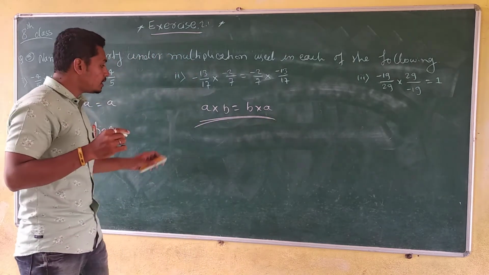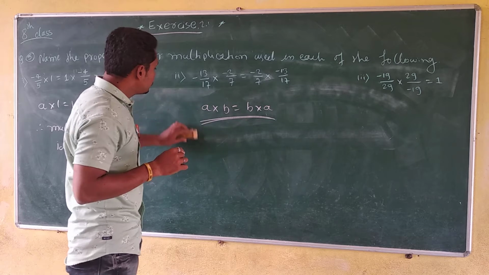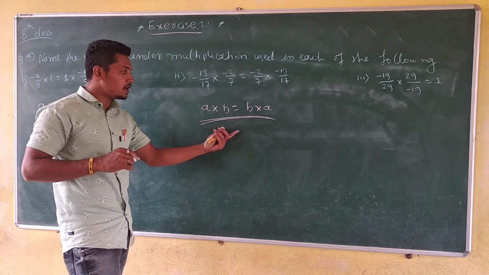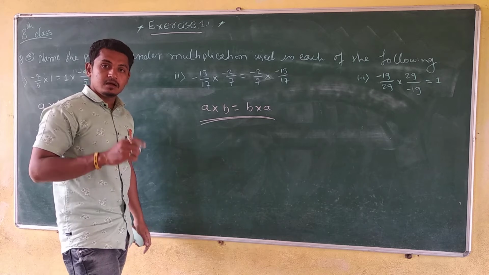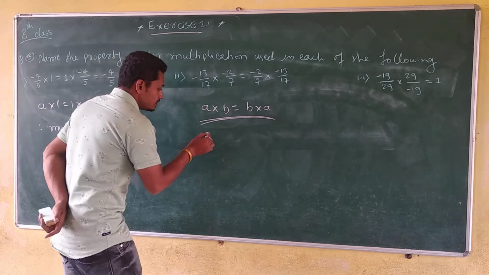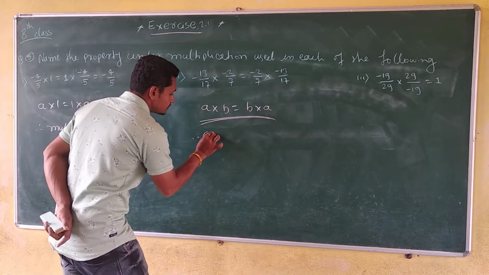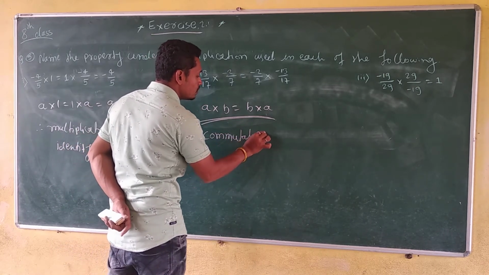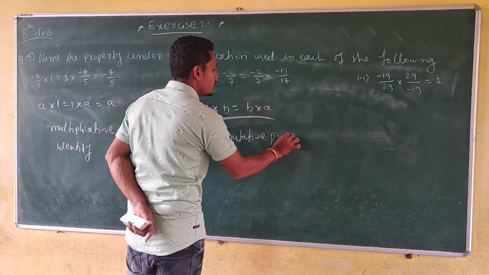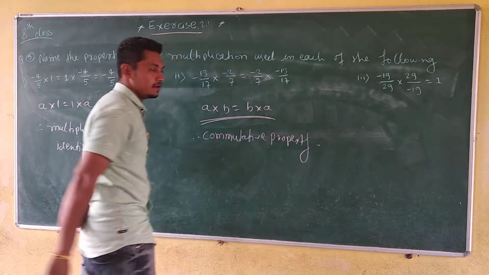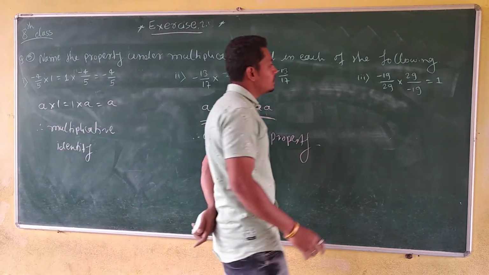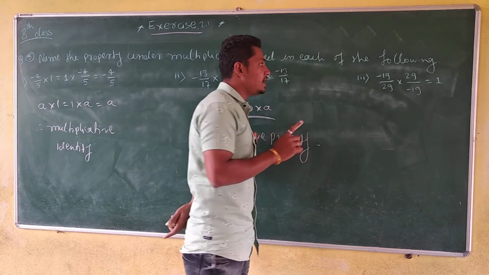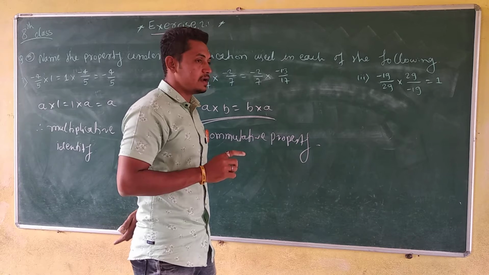Recall all the properties you studied in previous classes. Which property is it? It is the commutative property.